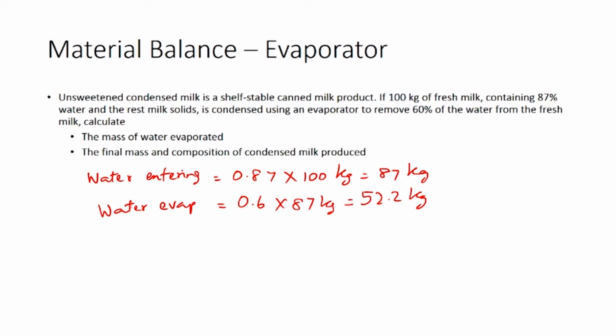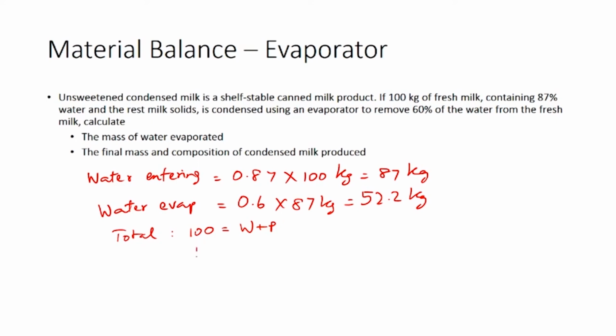Now, we can write a total mass balance for the system which we looked at, which would be 100, which is the mass of fresh milk entering, is equal to W plus P, which is the masses of water leaving the system and the condensed milk which is leaving the system.